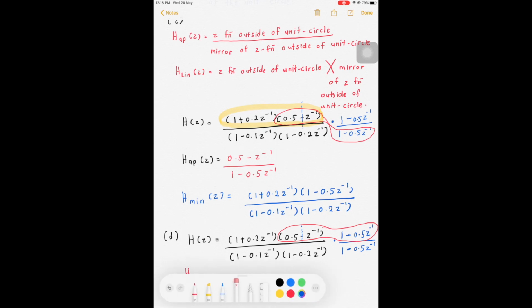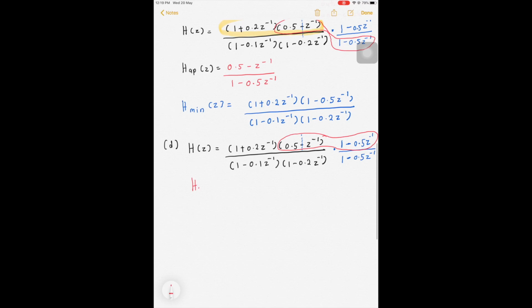So your H linear(z) is (0.5 minus z^-1) times (1 minus 0.5 z^-1).